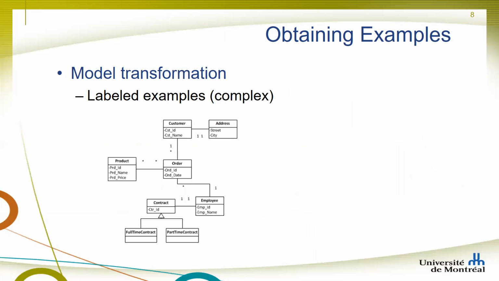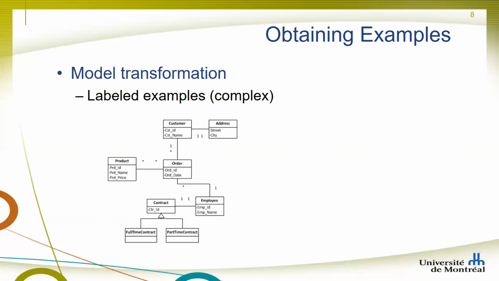We could also have some complex labeling for the examples. So let's think about transformation. We have a model described in a language, and we want to transform it into a model of a logic. So the examples are models and their transformed equivalents. So the labeling is more complex.